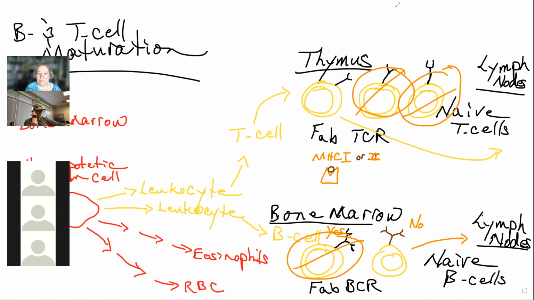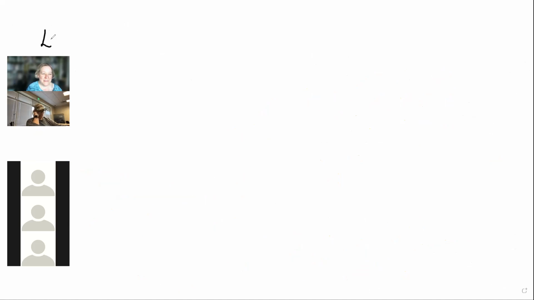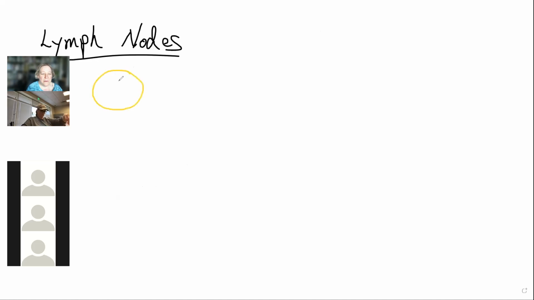Okay, let's take this up at the lymph nodes. I'm going to switch colors. I'm going to have naive CD8 plus cells, these are my TC cells.